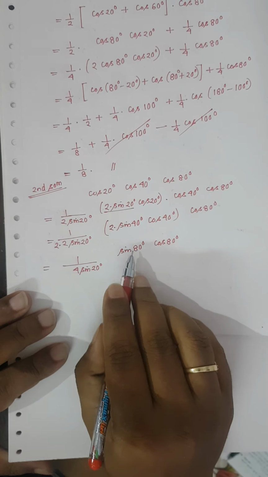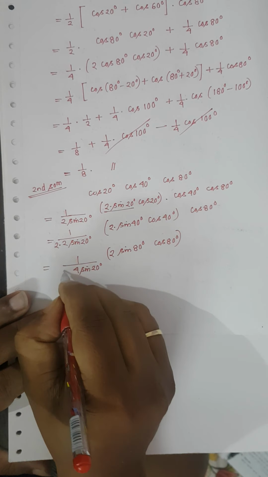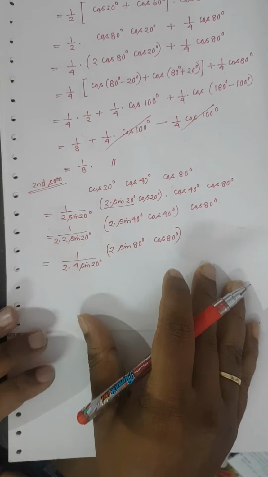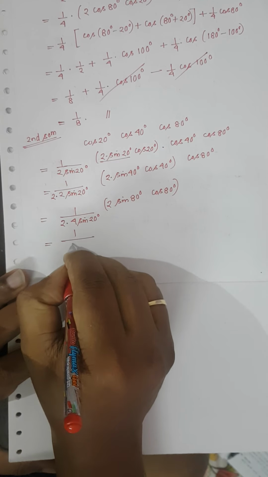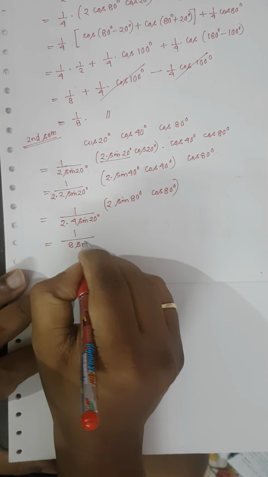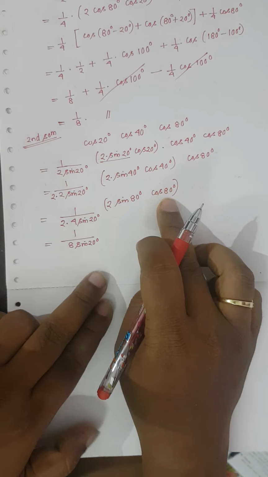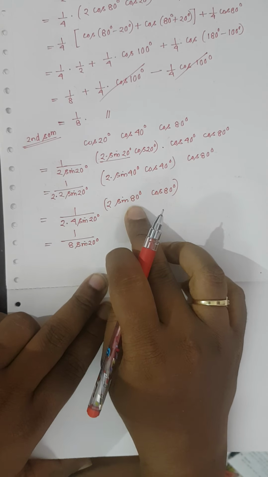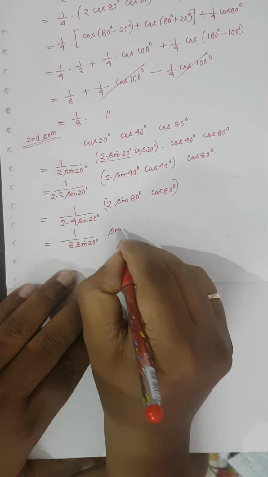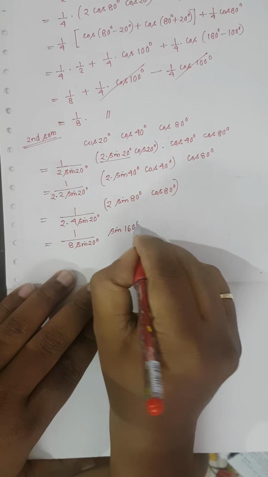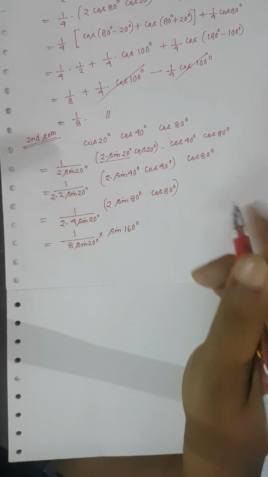Now sine a cos a, we need 2 here. So multiply by 2 in the denominator. You are getting this. This is 1 by 8 sine 20 degrees. What is the formula of twice sine a cos a? Again sine twice a. So if the angle is doubled, I will get sine 160 degrees. So what is sine 160?